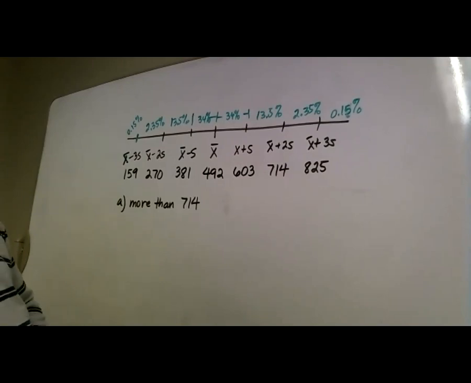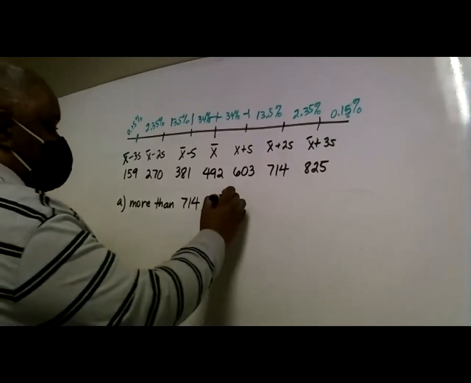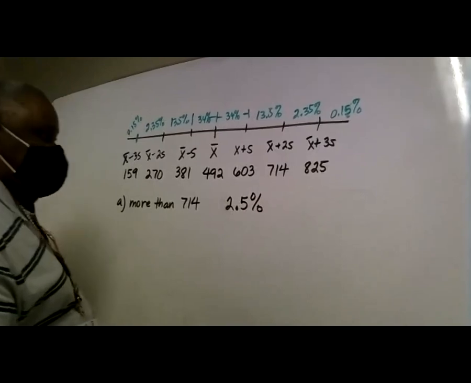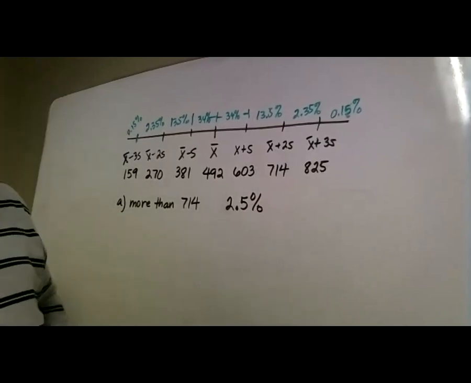That's how much? Anyone? 2.5%. So 2.5% of the students had test scores that were more than 714.